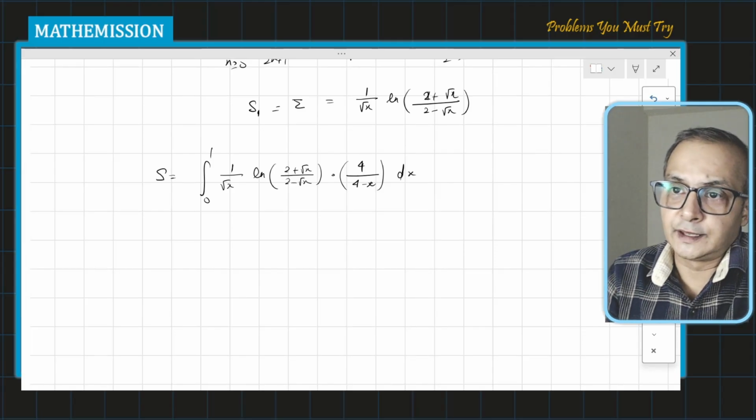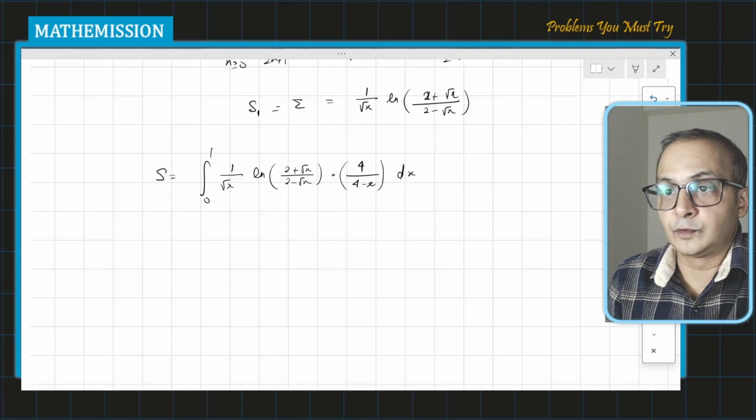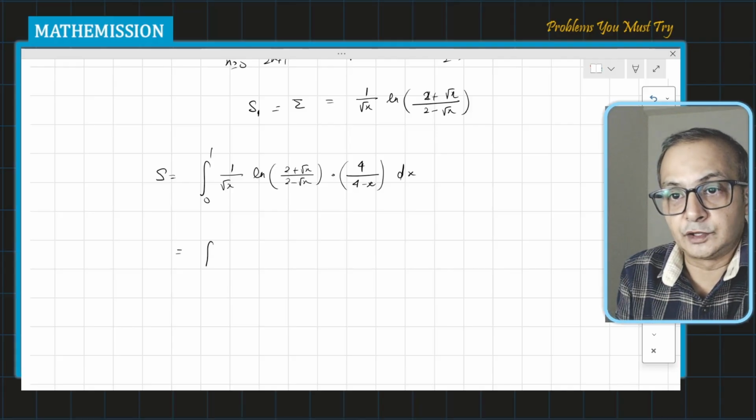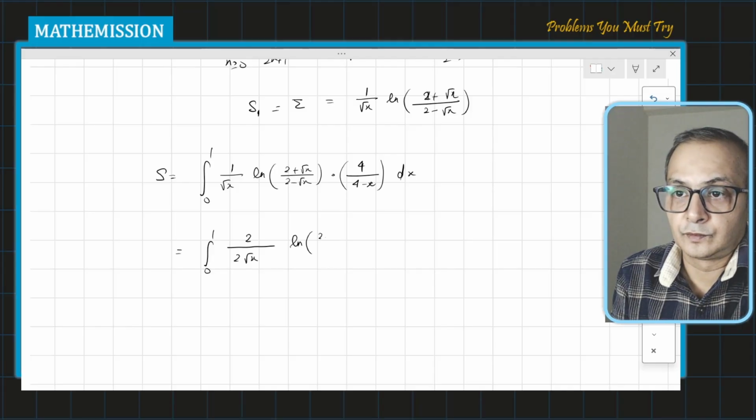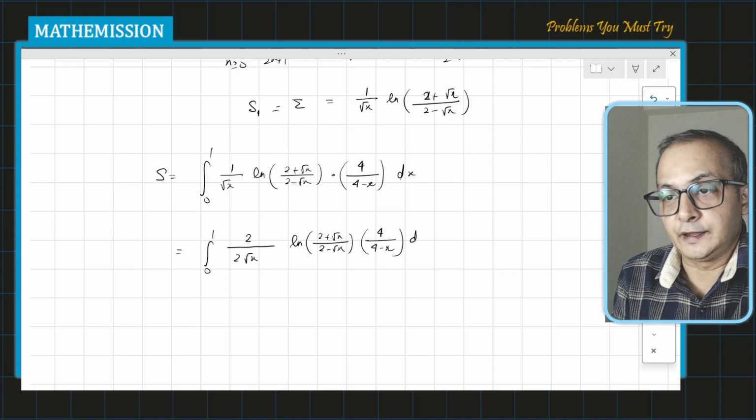Now notice one thing, that whenever I substitute this root x as t, its derivative is already present there, and so I'm taking this 0 to 1, and there I'm multiplying 2, and this is 2 root x log of 2 plus root x by 2 minus root x, and 4 by 4 minus x dx.